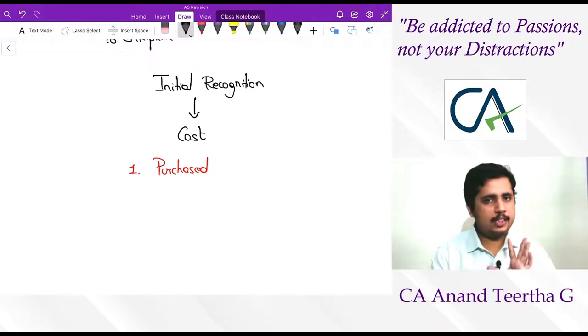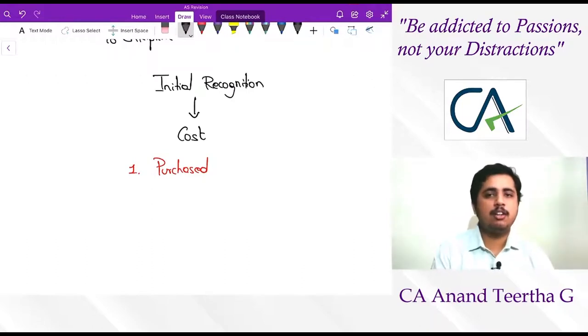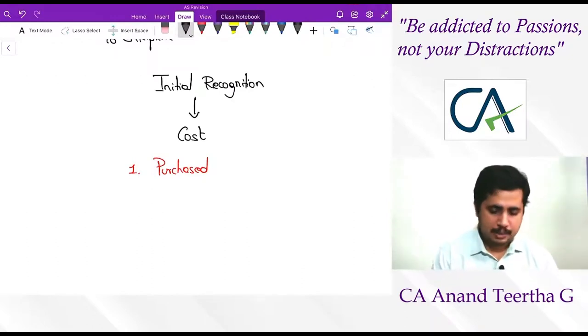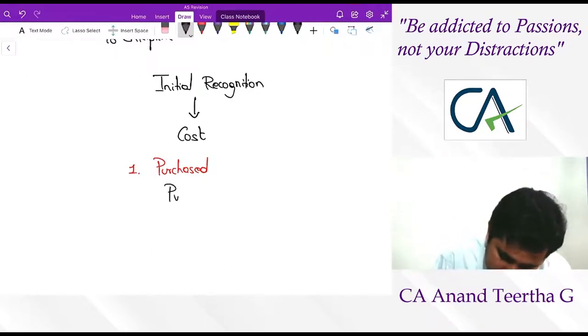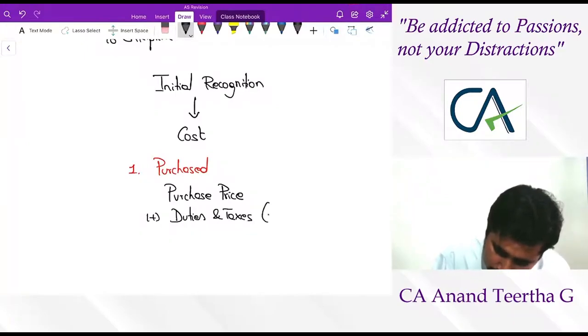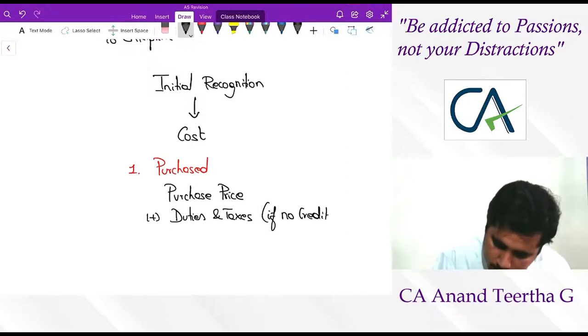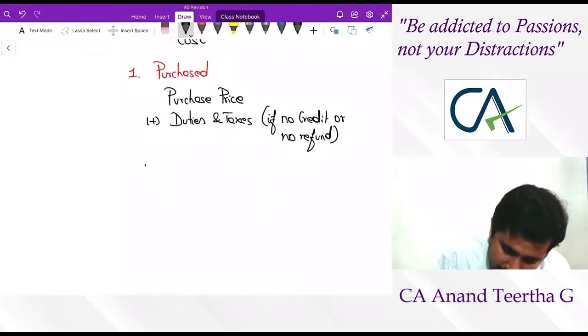It should be recognized at cost for sure. How do you recognize cost in those situations if you have purchased them? Normal stuff: purchase price, add duties and taxes, again, if no credit or no refund, then add directly attributable cost.